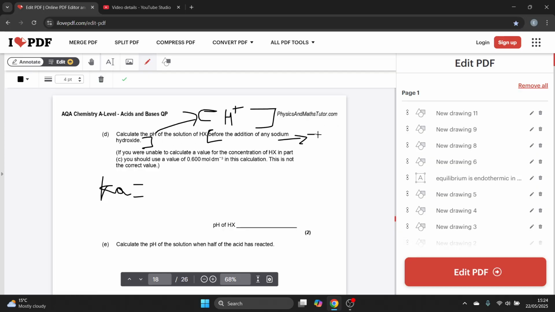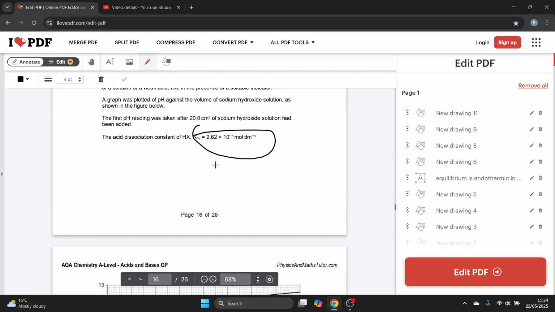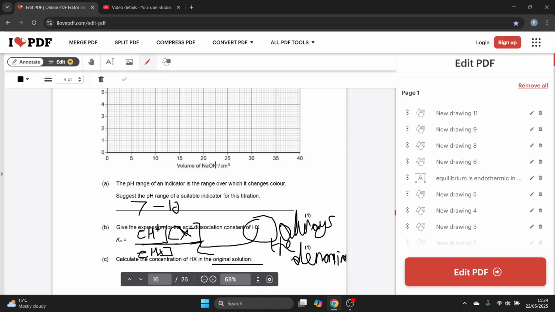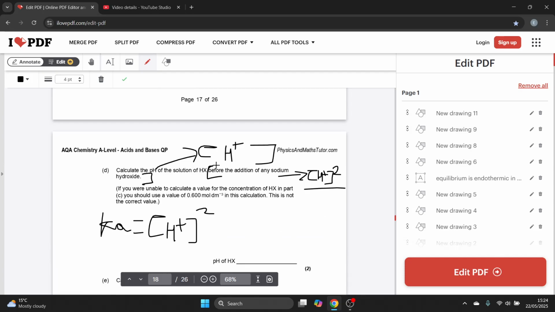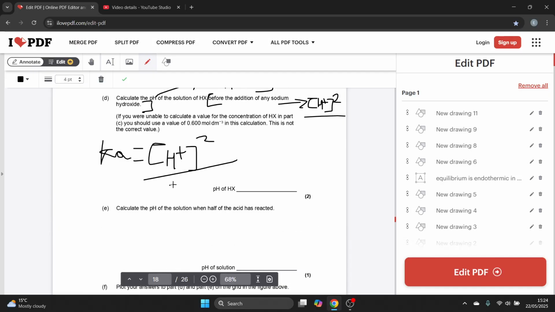So therefore, concentration H plus is going to be squared over the concentration of whatever we're working with. I need the previous answer, which is 0.0960, so over 0.0960.